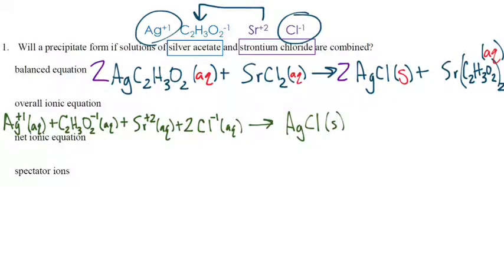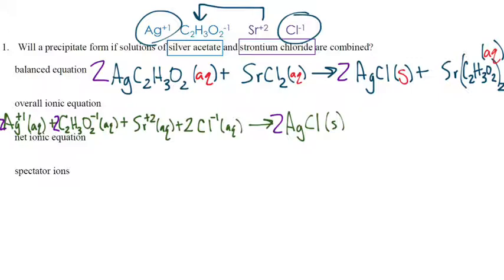So really what that means is that I should have a 2 here in front of my Ag and my acetate, because that coefficient applies to both of these things automatically, putting a coefficient in front of that compound. And I'm also going to include that 2 here in front of my AgCl.